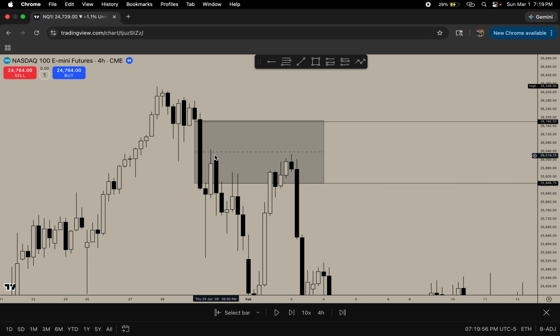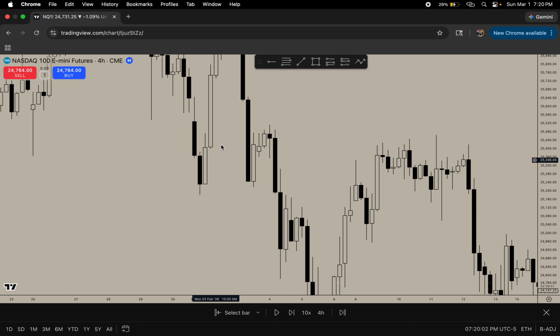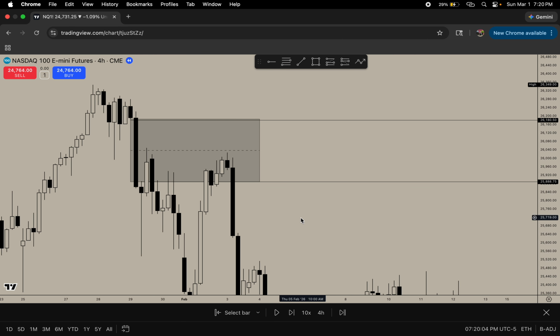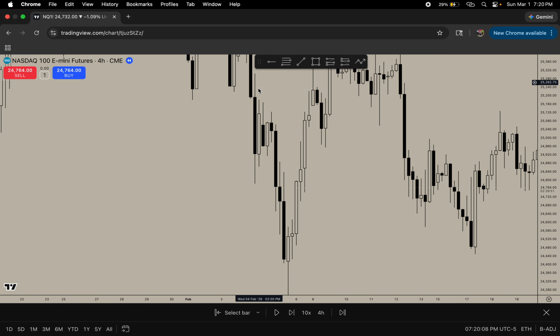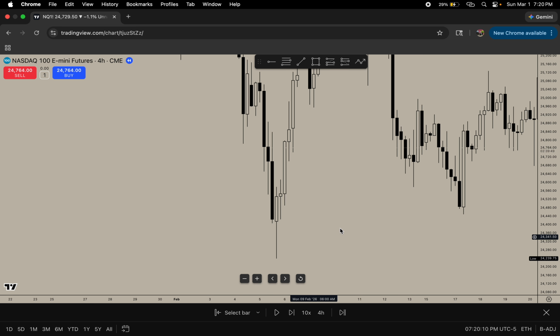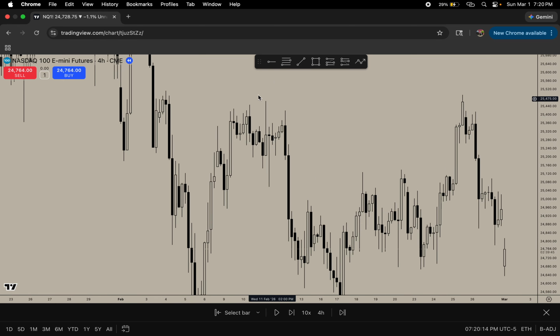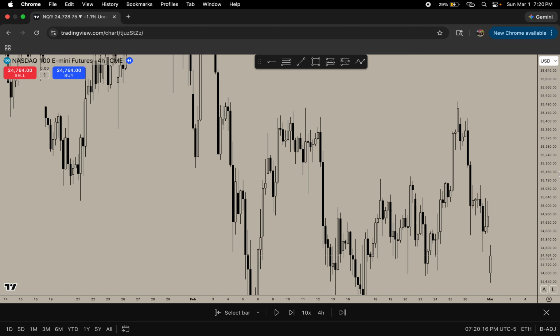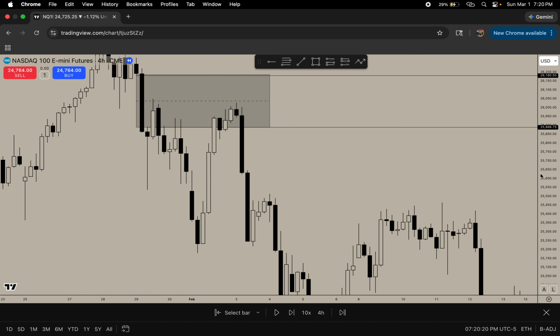Price pushes back once more, continues lower, takes out this low, pushes back up, pushes lower, takes out this, pushes lower, takes out this, pushes lower, and as you can see, that's how we're generating liquidity. We try to go up once more, and it becomes very simple once you can spot it out.